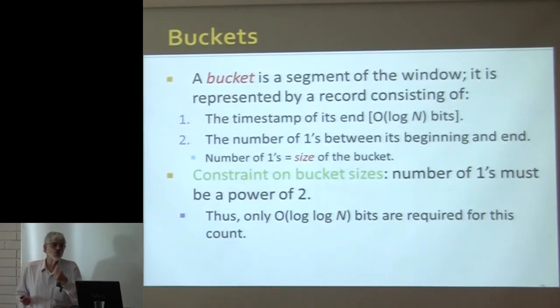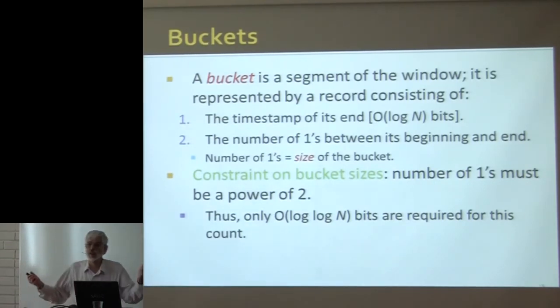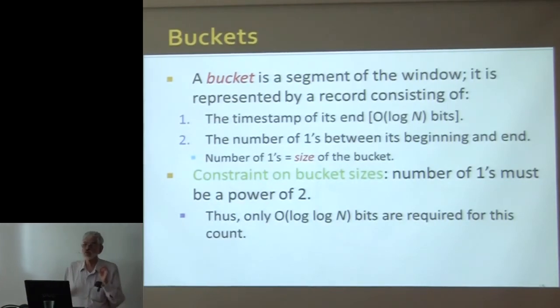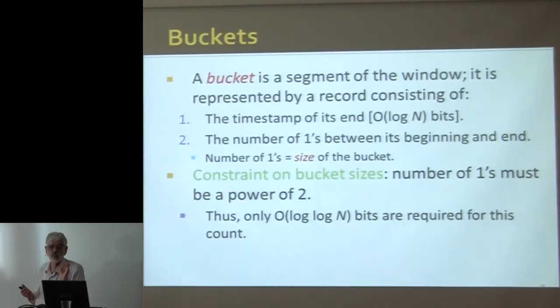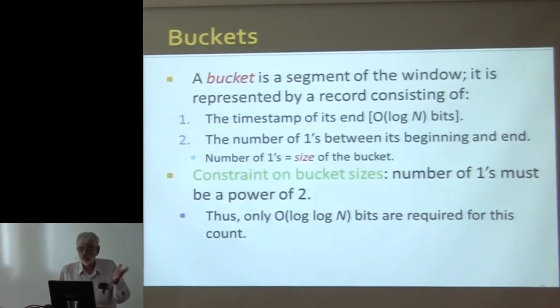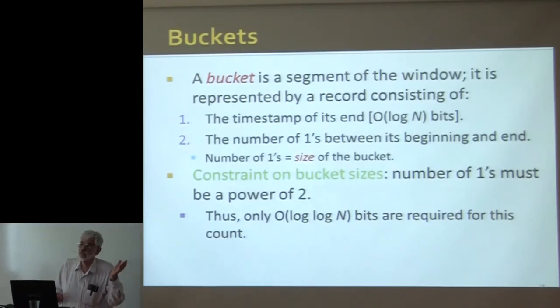So since no bucket can be longer than n, log n bits will suffice to represent the size of a bucket, that is the number of ones that it contains. Although it doesn't really matter, because we're already spending log n bits representing the timestamp, so that dominates the cost of representing a bucket.